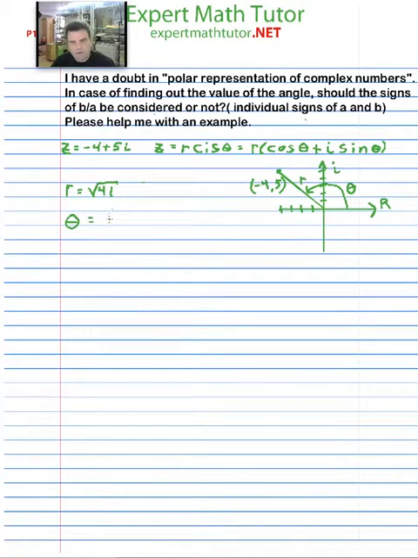So to find that, I'm just going to do theta equals arctan of 5 over -4. Now, the range of the inverse trig functions is restricted. The range of arctan is between 90 and -90.